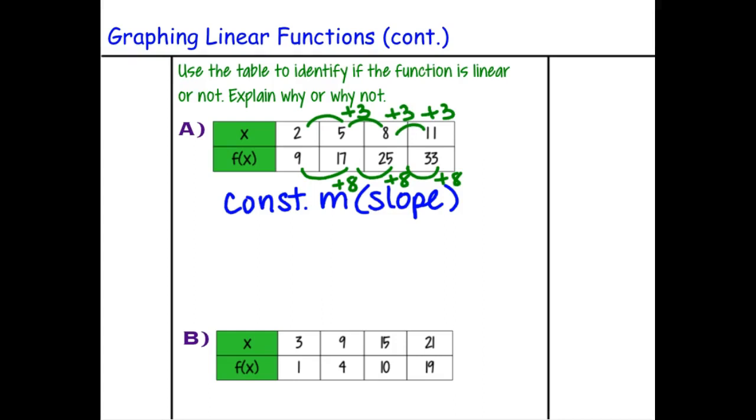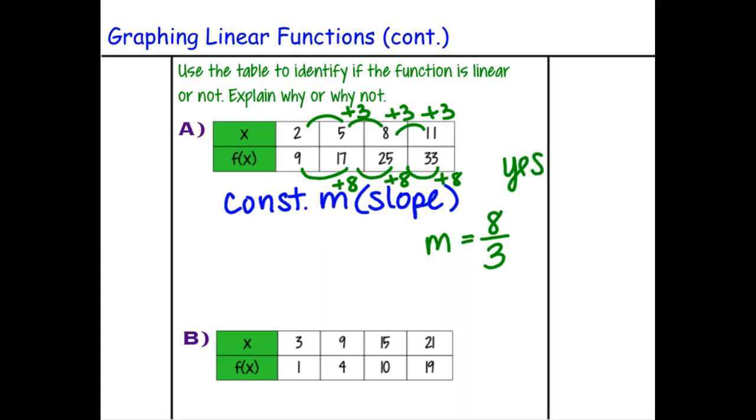That means if I take all of my fractions, 9 over 2, 17 over 5, 25 over 8, 33 over 11, we won't necessarily have a similar ratio there, but the change is. So that means that our m, or our rate of change, is 8 over 3. So yes, this is linear.